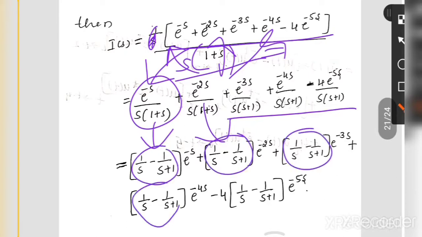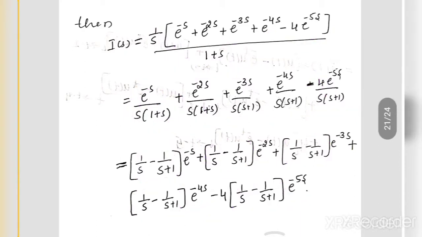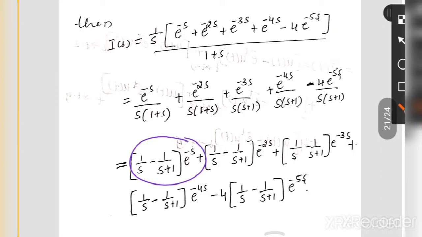The exponents are e raised to minus s, minus 2s, minus 3s, minus 4s and minus 5s. Now we'll take the inverse Laplace transformation because we have I of s and the task is to find I of t.